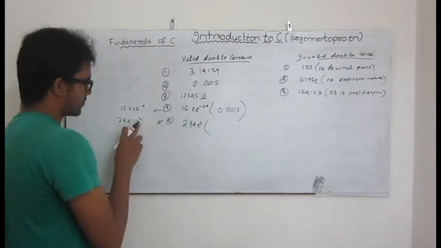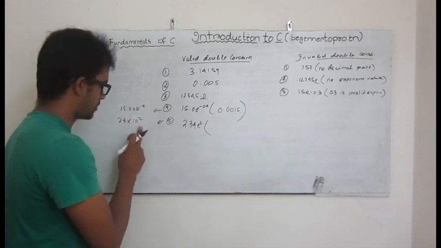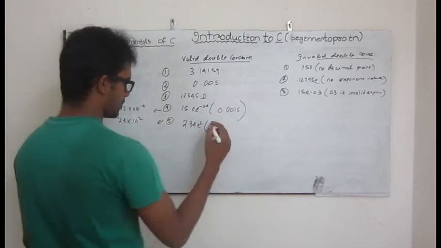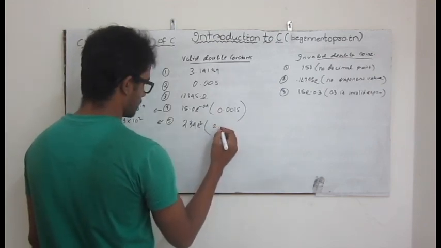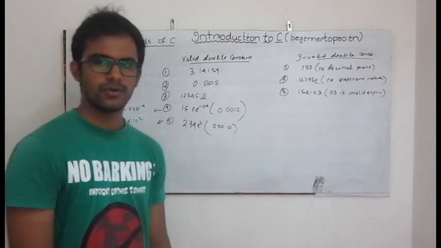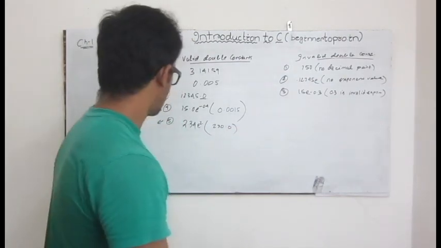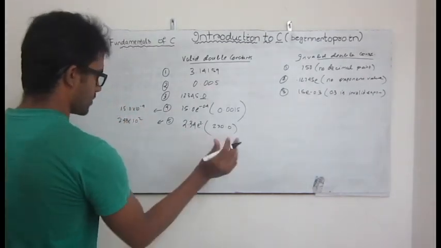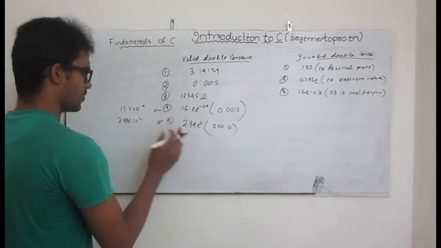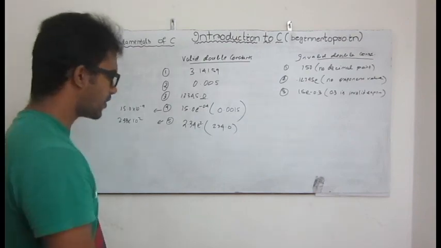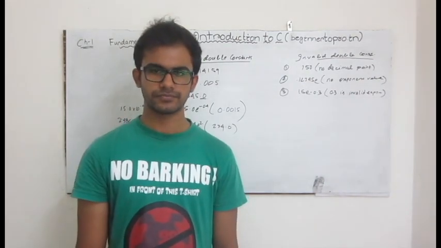What it is going to do is plus 2, so it will shift the point right by two places. So 234.0. Okay.